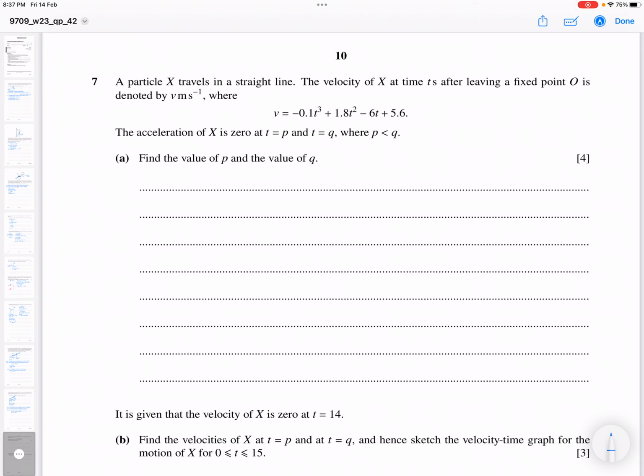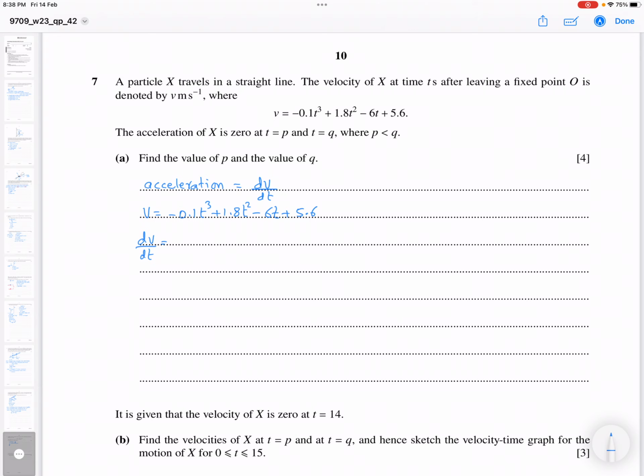So as we know, if we take a derivative of velocity, dv over dt, that would be our acceleration. So our v is given minus 0.1 t cube plus 1.8 t square minus 60 plus 5.6. So I take the derivative. So dv over dt.